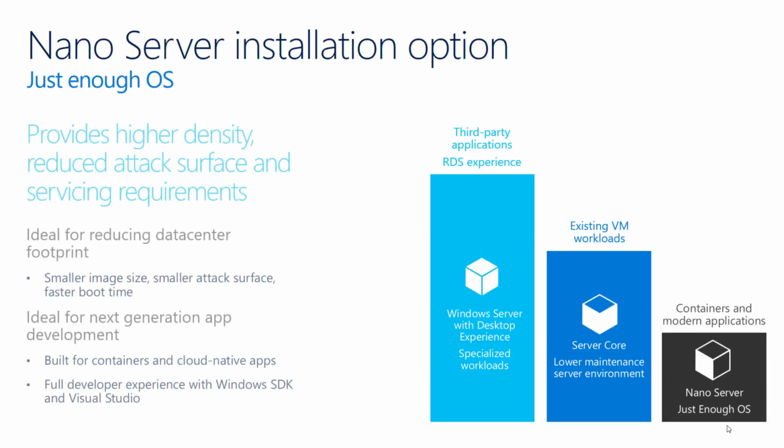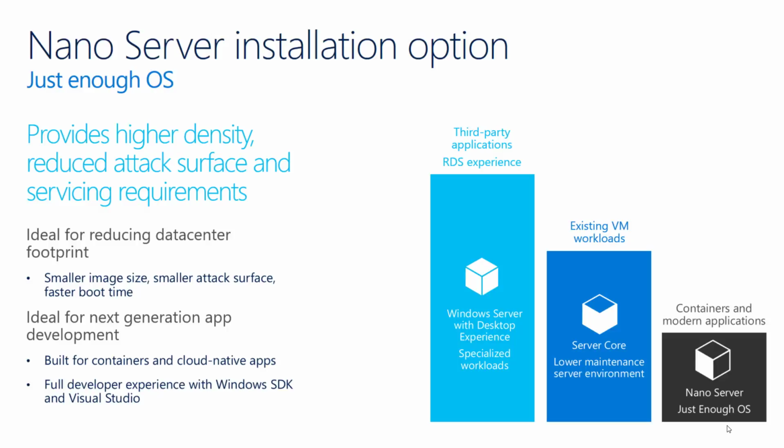So one of the platforms that Microsoft is really wanting people to consider when it comes to looking at containers is the new NanoServer platform. This is what is being billed as just enough operating system, but what it does is provide a very, very lightweight Windows Server-based operating system that's got very specific deployment scenarios. So it's not a general purpose operating system.